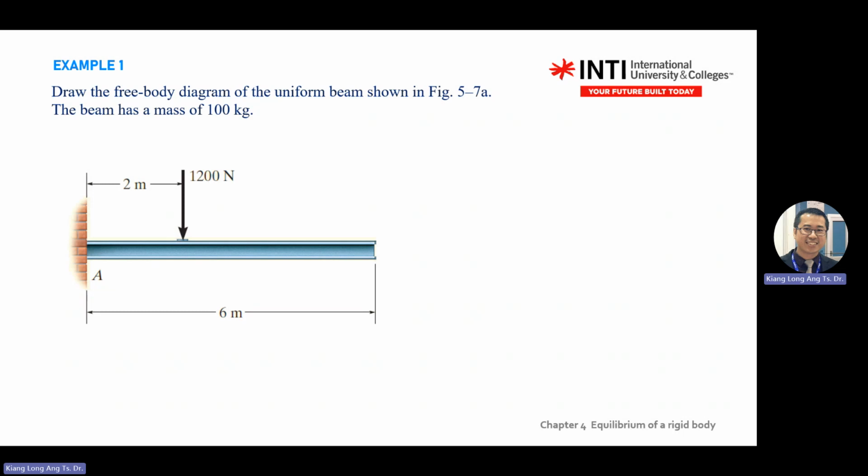So for example, this one, you're given the mass. Are you able to draw the free body diagram? So maybe I give you 30 seconds to try to draw. Then I review the answer to you. The object here is the steel bar. It's a uniform beam.